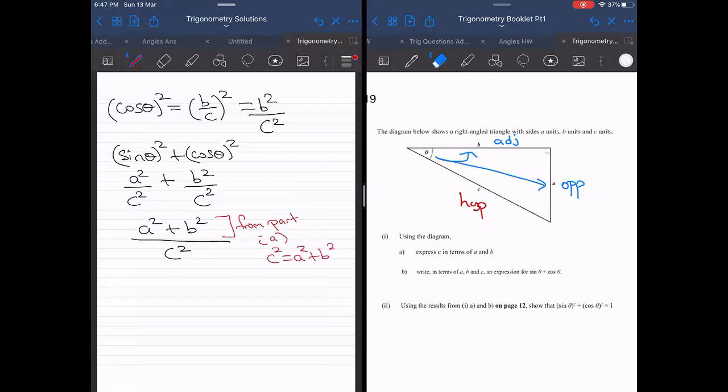A squared plus B squared. That's what we got for part A. So I can say that this is C squared over C squared, and any number or letter divided by itself is 1. Which is what they asked us to prove. They asked us to show that it is equal to 1.